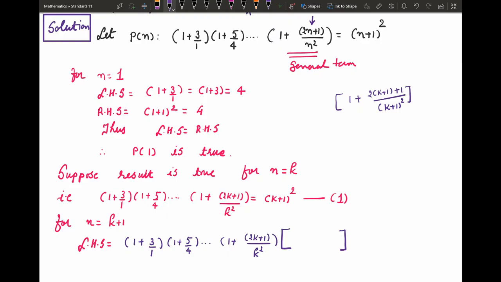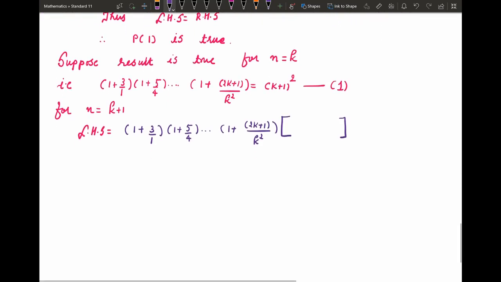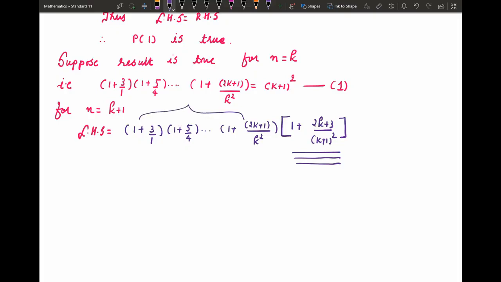Simplification is 1 plus (2k plus 3) upon (k plus 1) whole square. Note this very important step, it is the k plus 1th term. So on the left hand side, when we take n equal to k plus 1, there will be a multiplication of k plus 1 terms. These are the first k terms and this is the additional k plus 1th.